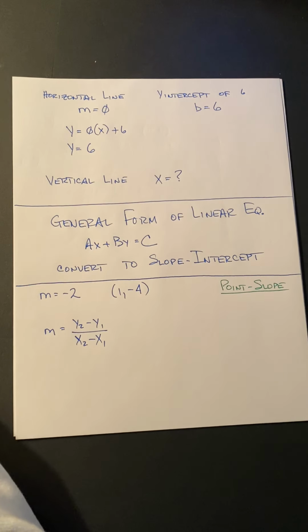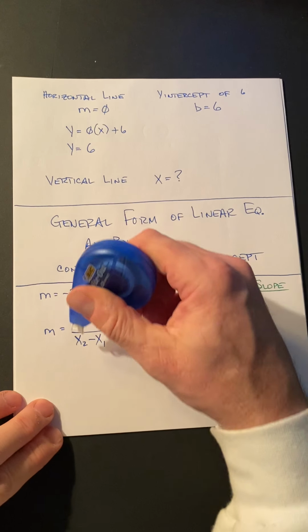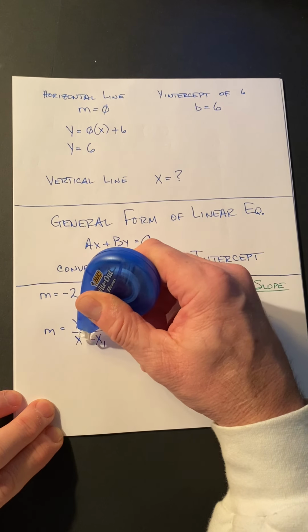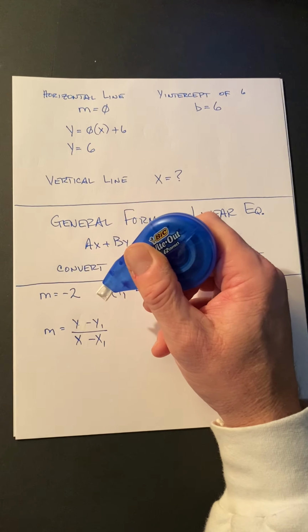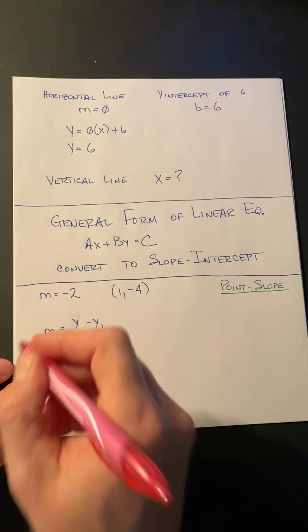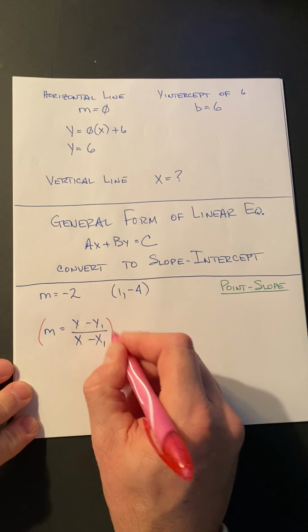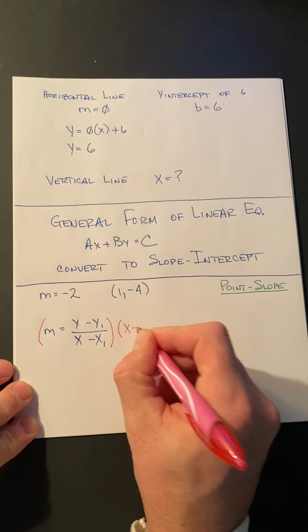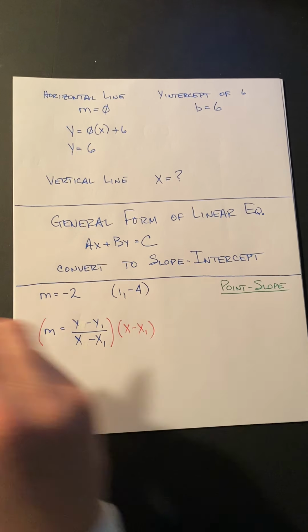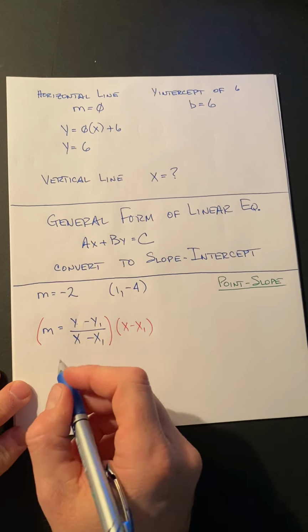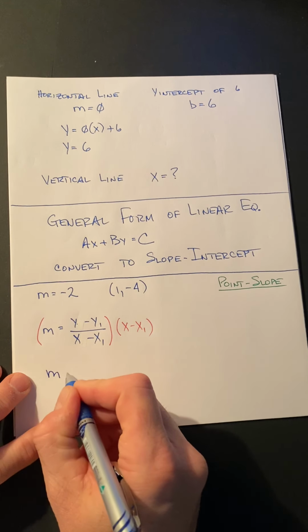Because I don't have a second point. So if I just forget about that, it makes my equation look like that, doesn't it? So just using normal algebra, I would multiply both sides by my denominator, and that would cancel out this denominator and move this over to the other side, wouldn't I?